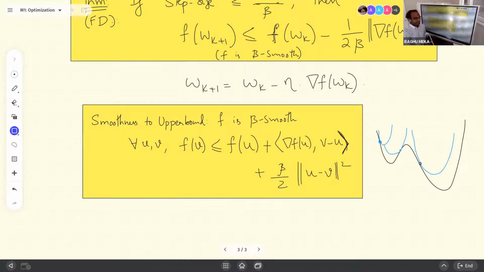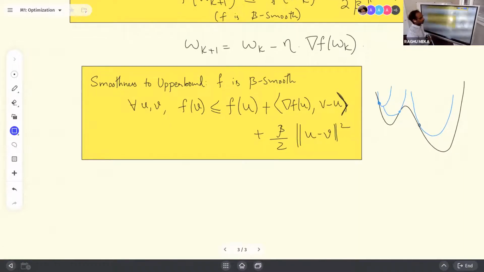Okay? So saying if your function is smooth, and imagine I fix the point u, then for any other point v, there is an upper bound on the function value where I can bound it in terms of a different curve, this parabola, this degree 2 curve, which I show in blue here.